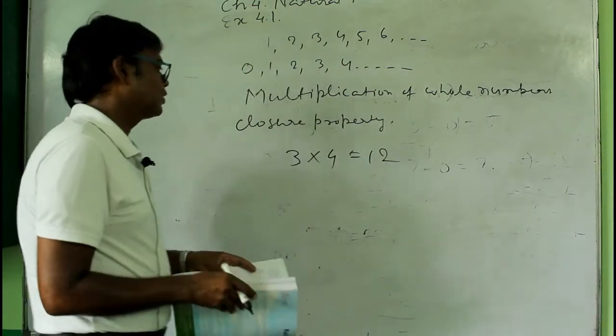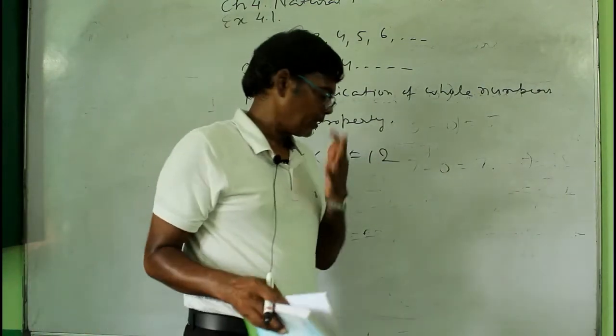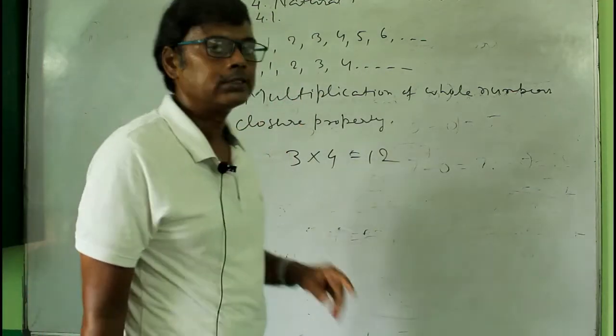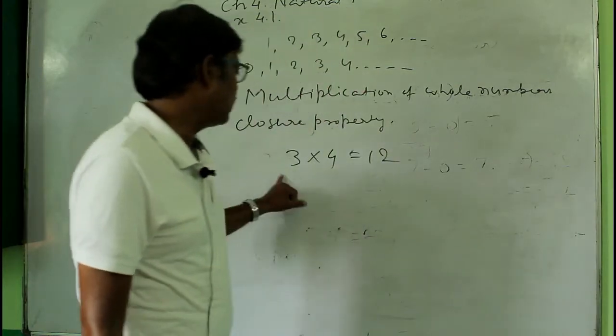Now what does it mean here? Here 3 and 4 are whole numbers, and when we multiply them the answer is 12, and 12 is also a whole number.